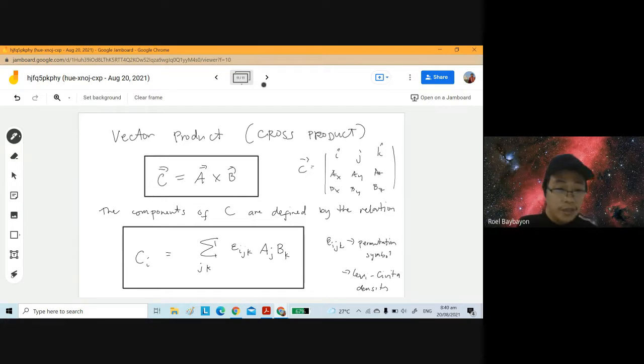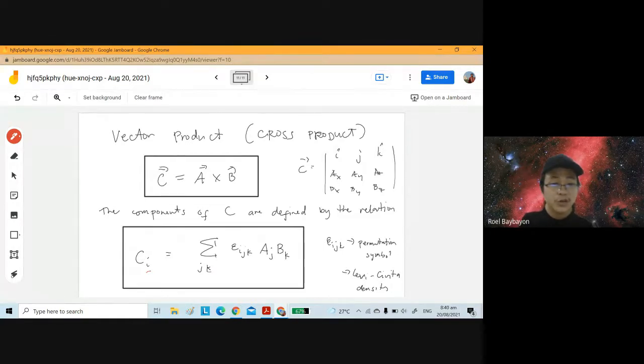Take note, when you get the components, the summation is not in terms of I, but in terms of another two indices, say J and K. You can use L, M, any letter of the alphabet, as long as you do not use I.